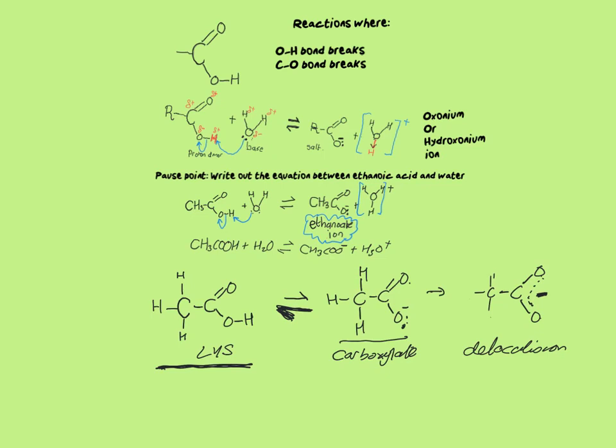So for example, if those atoms are replaced with fluorine atoms, the negative charge now is spread over the whole of the molecule, with the fluorine atoms pulling the electron density towards themselves and thus spreading out this negative charge, and therefore trifluoroethanoic acid would be a much stronger acid.